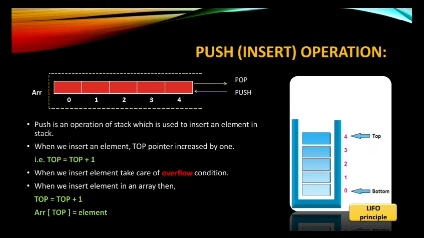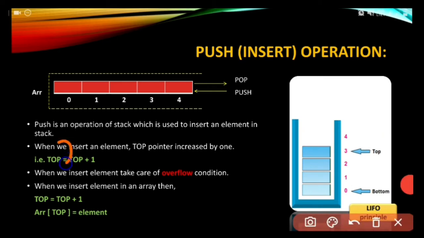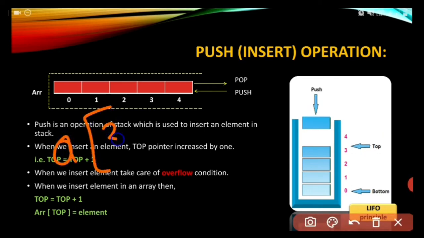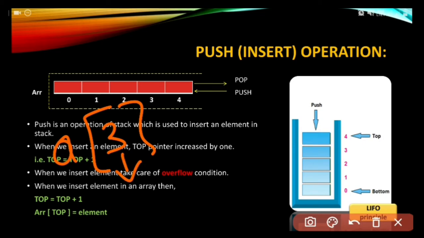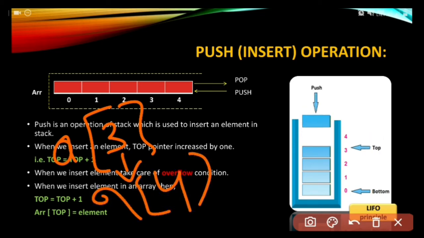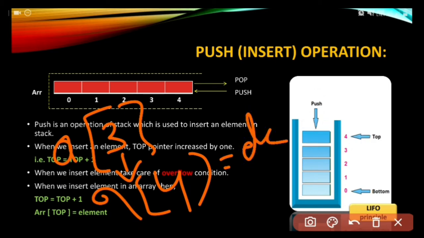If we already have elements up to the 3rd location and we have to place an element in the 4th location, then we increase the position first and then insert the element in that position. The same way I have written here: top equals top plus 1, and in the top position we insert the element.